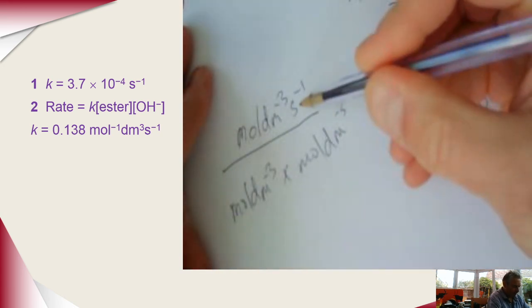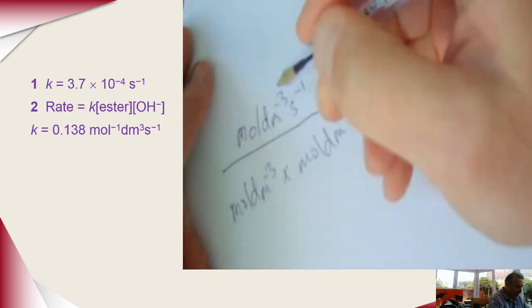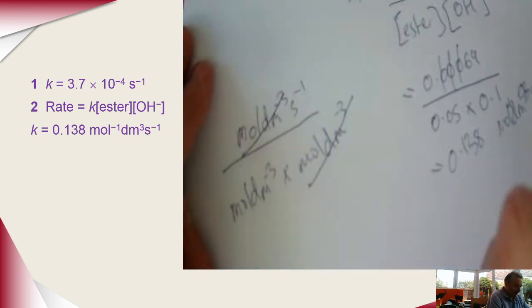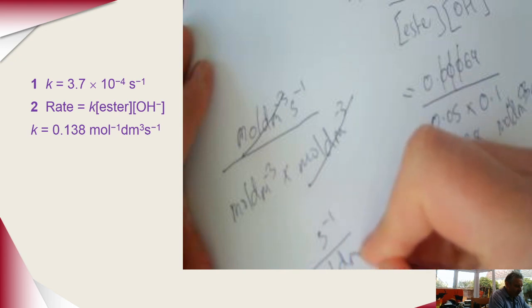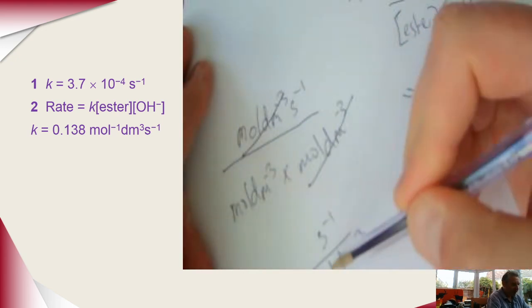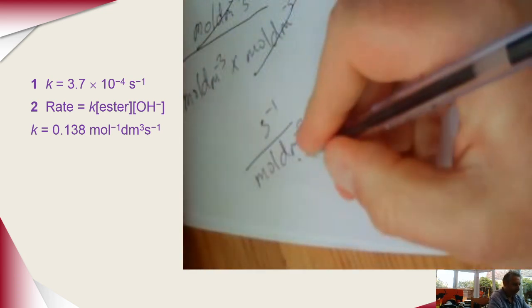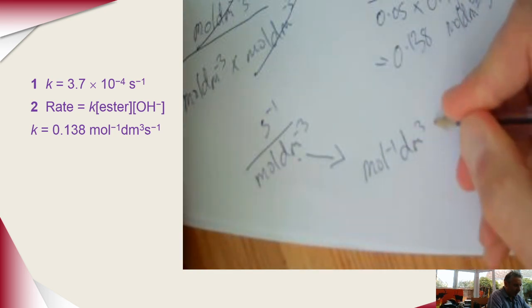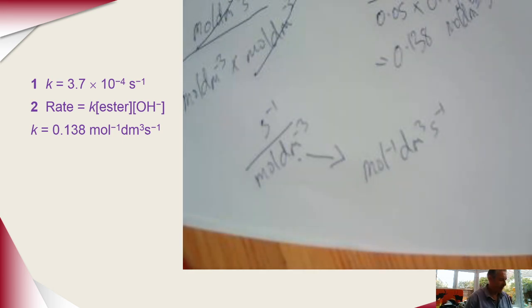Seconds is going to stay, nothing's happening with that, but the moles dm cubed cancels with one of these. So it leaves us with seconds to the minus 1 over moles dm to the minus 3. Because it's one over the other, we can flip them up, so that becomes moles to the minus 1 decimeters cubed seconds to the minus 1, because the moles decimeter cubed are underneath. So that's just a quick check on the units.